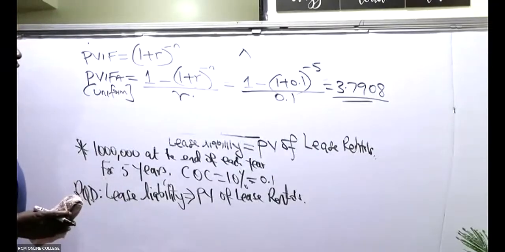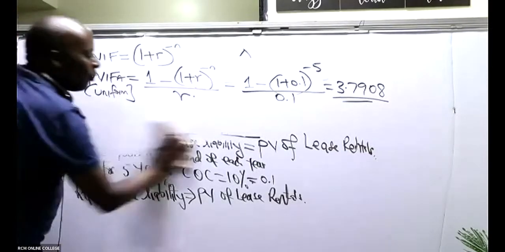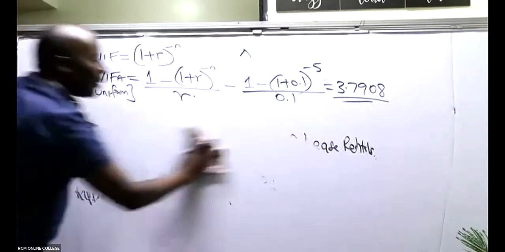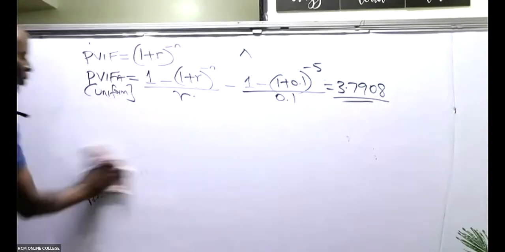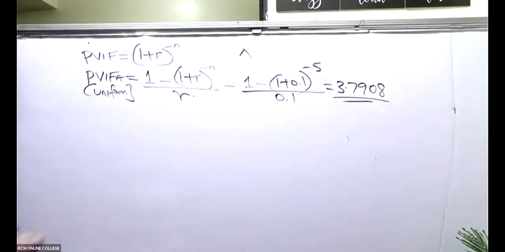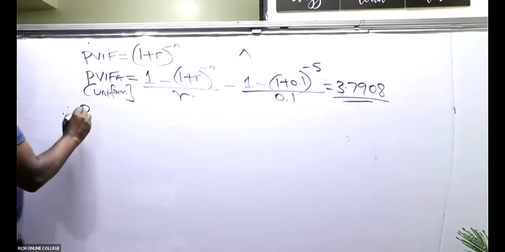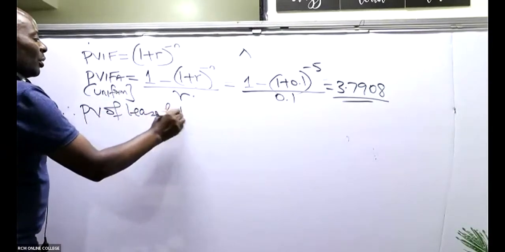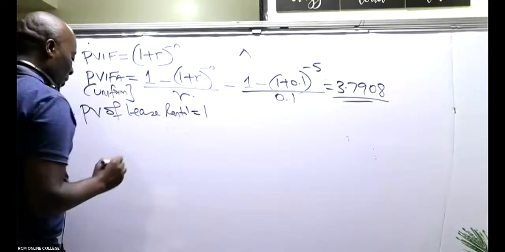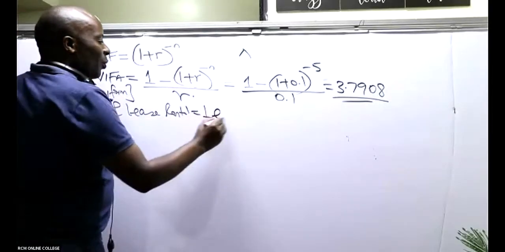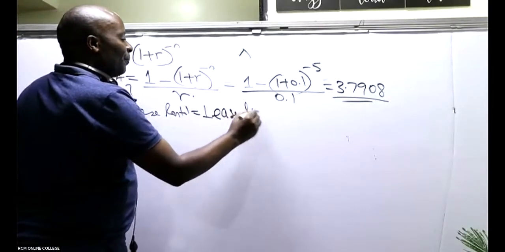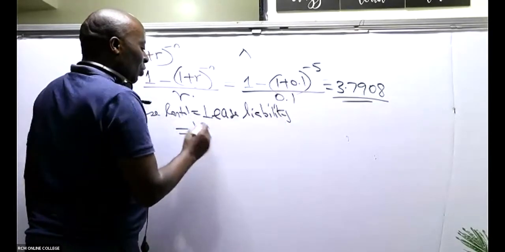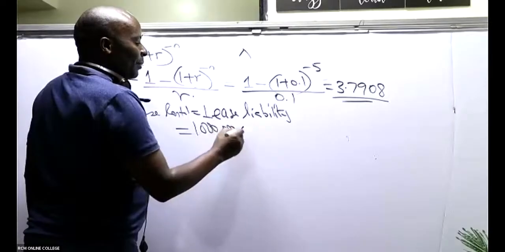And therefore, the present value of our lease rentals, which in this case is our lease liability, will be equal to the annuity of $1 million times PVIF.